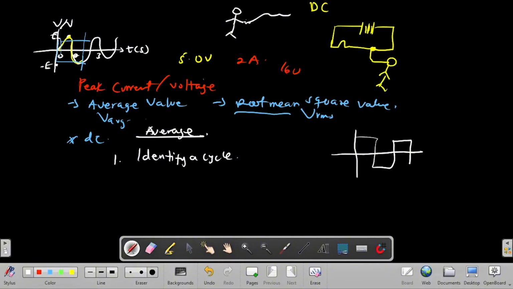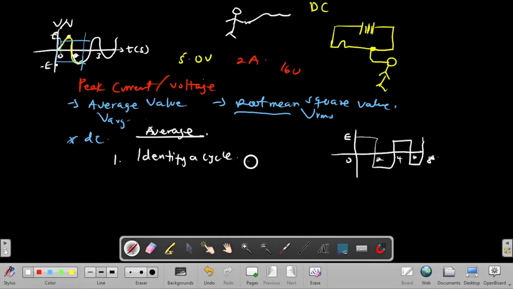I have 0, 2, 4, 6, 8, then I have a peak of E. This is what you call a rectangular waveform, so it assumes the shape of a rectangle. It starts from 0, increases to a particular point called E, then maintains its value over the period to 2, comes down like that and repeats.